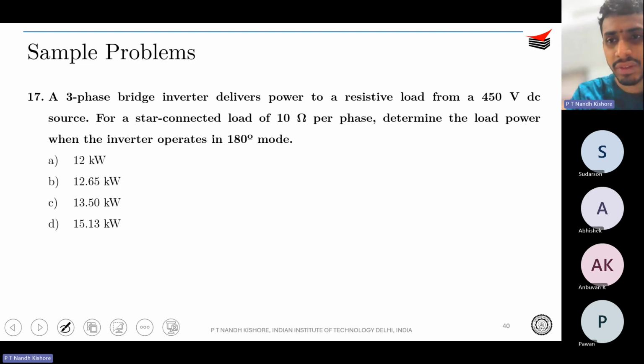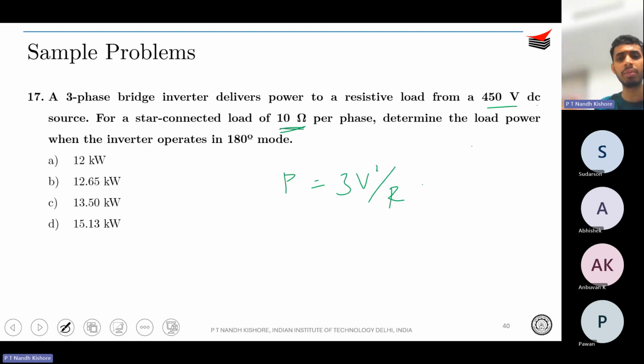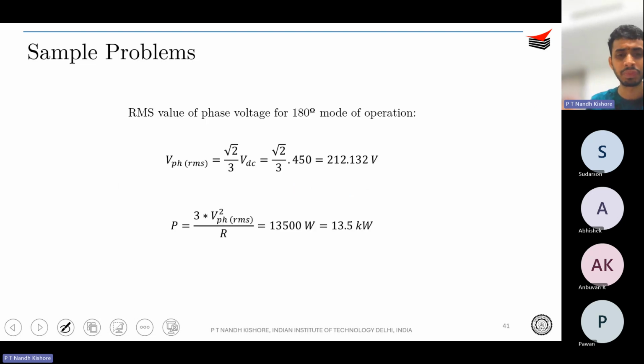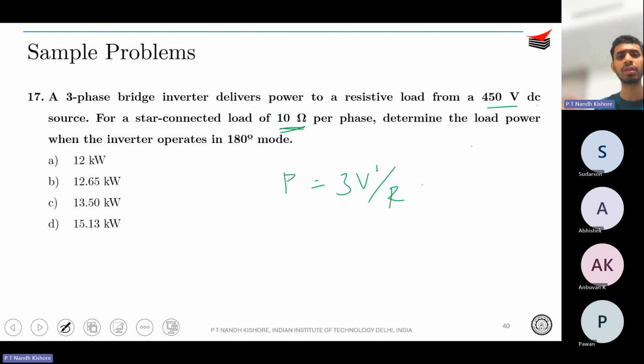VDC is given, star connected 10 ohm is also given. So output power P is 3 into V square by R or I square R. Simply they have asked the output power. Just calculate your RMS and then you get the answer.